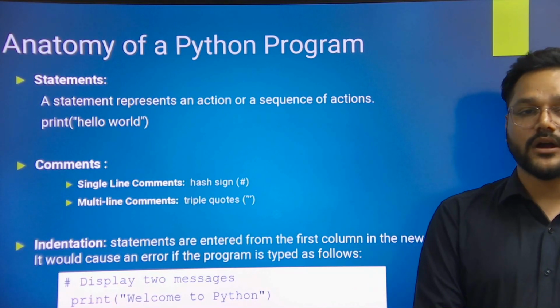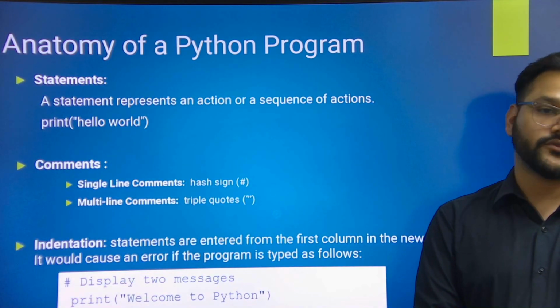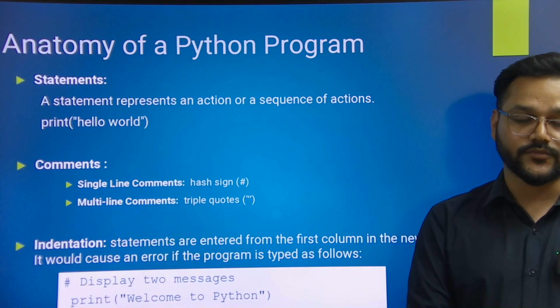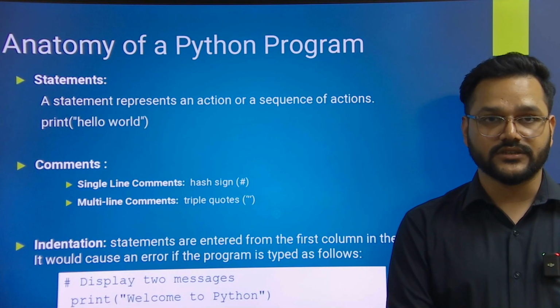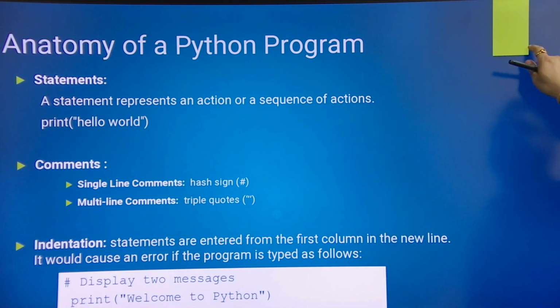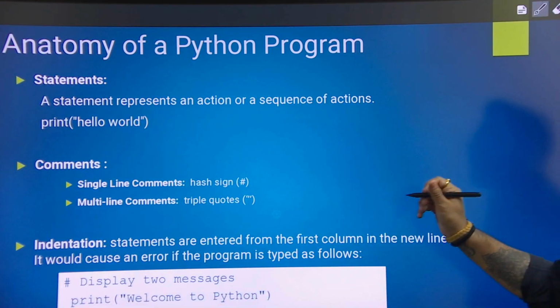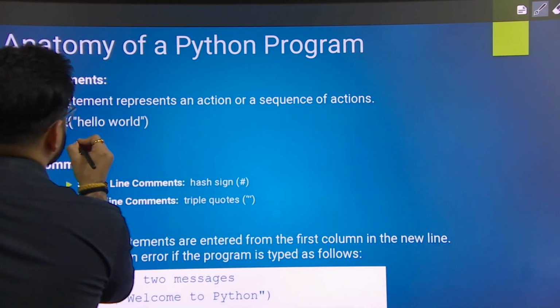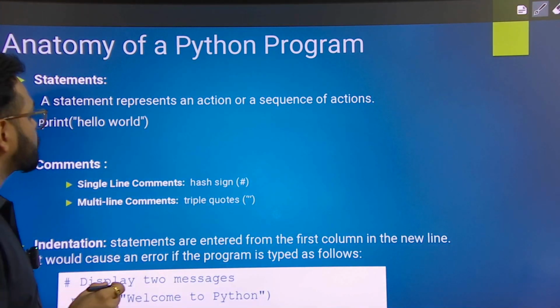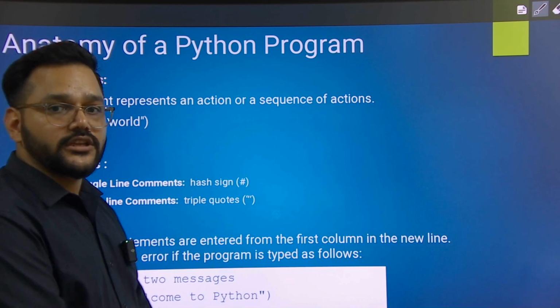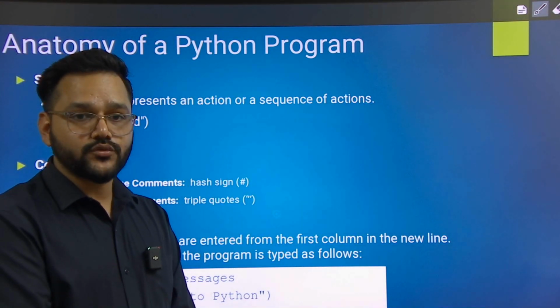Now let's talk about the anatomy of a Python program, that is, the very basics of a Python program. If you want to print a simple statement, we just use print. Here I am using a simple print statement, print hello, to print my hello world program. Talking about comments in Python, we have two types of comments.